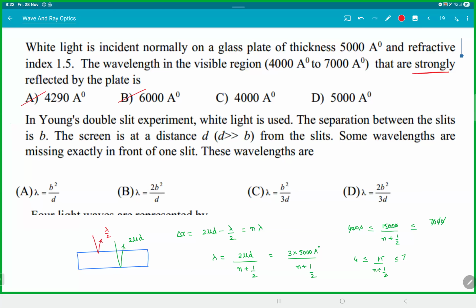Check it out, see if you got this. I think when I took n is equal to 2, I'm getting it. If I took n is equal to 2, that will be 5 by 2, 2 goes up, that is 6,000 angstroms. That is coming anyway. So 4290, you can check it out.